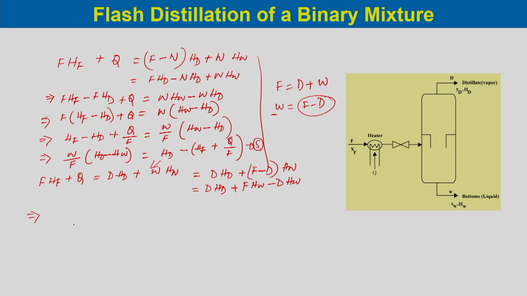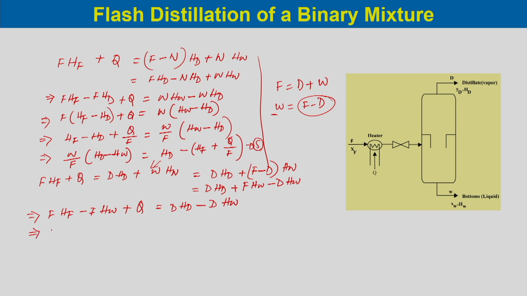So, here if we do rearrangement, F HF minus F HW plus Q would be equal to D HD minus D HW.